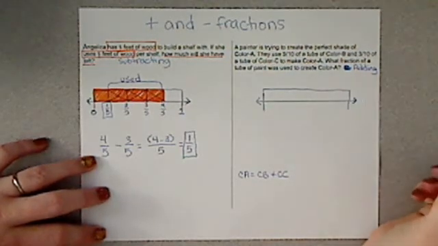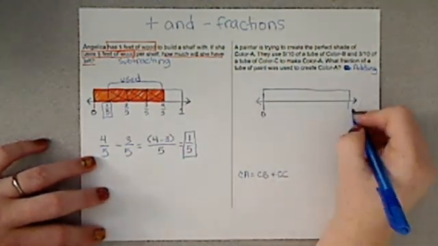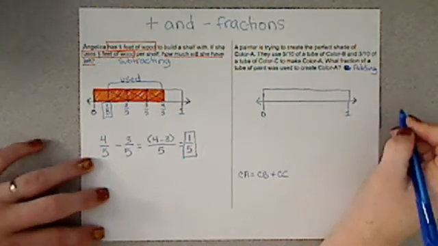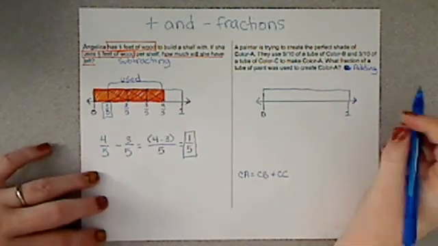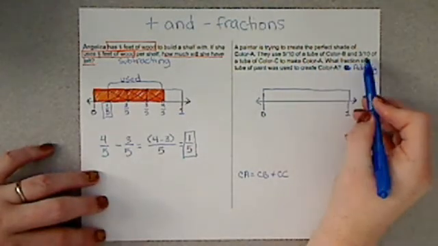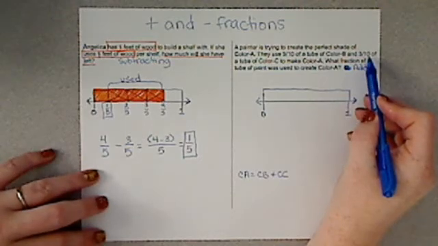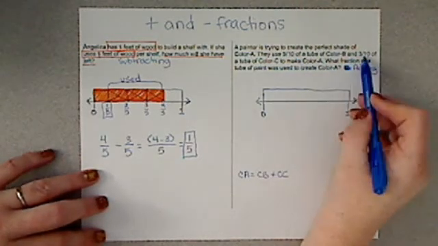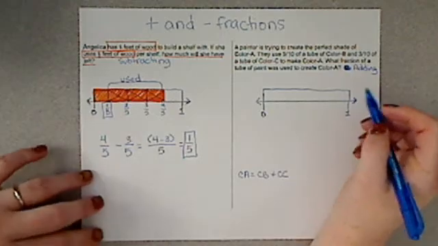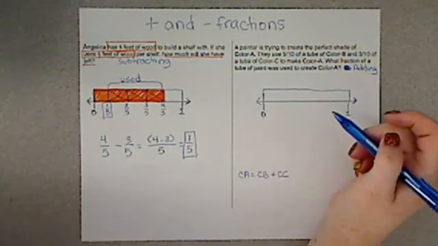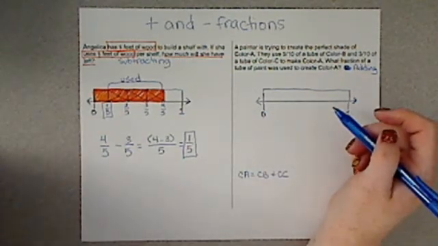Okay, I have 0 on one end, I have 1 whole on the other. And if I look at my fractions, both of them are broken up into tenths, which means there are 10 pieces. So now it's going to get a little complicated because drawing 10 can be a little hard.